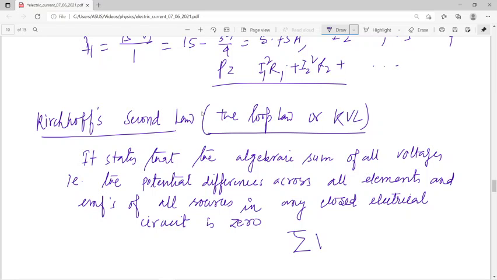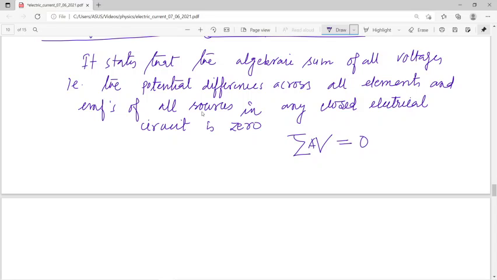That means the total change in voltage equals 0. And the sign convention is also one of the important things.